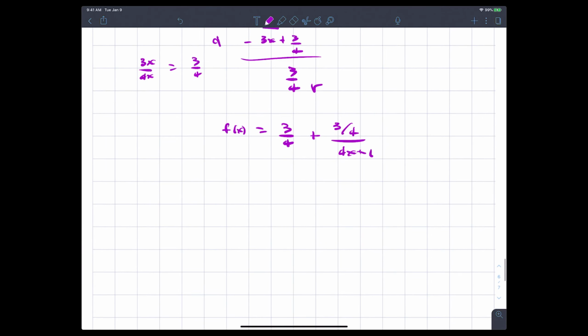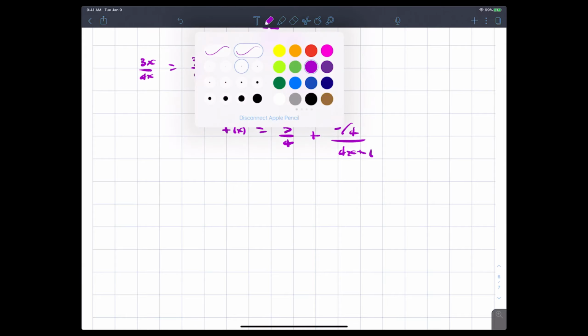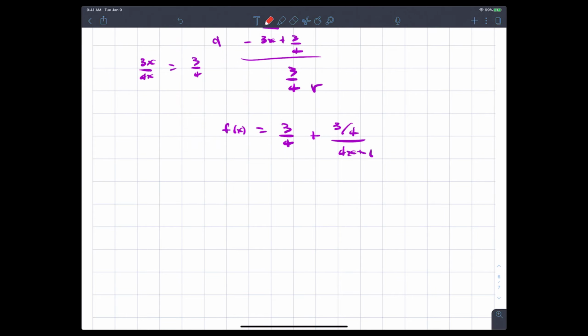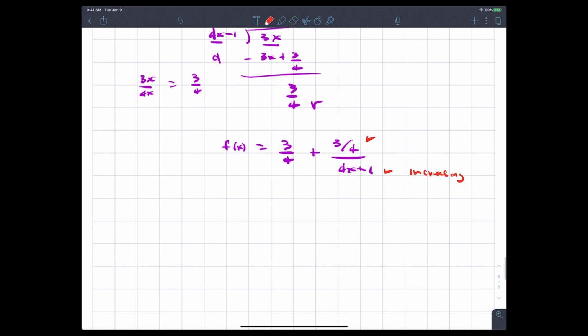Now you might say, why are you looking at it this way? Remember, down here, this is increasing. However, you have a numerator over an increasing function, which means that this portion is decreasing. And the fact that you're adding a constant to it doesn't change anything. So this is a decreasing function.